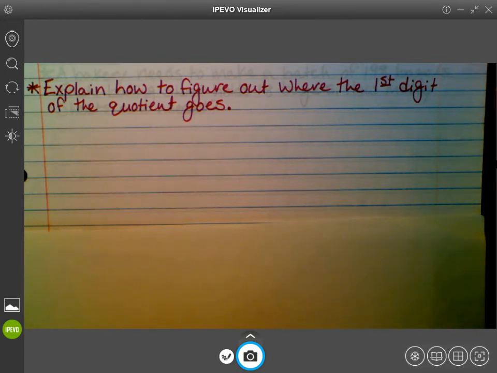In case you want to use one of these words in your explanation, divisor, and... Put a thumbs up on your desk when you have your explanation written down.